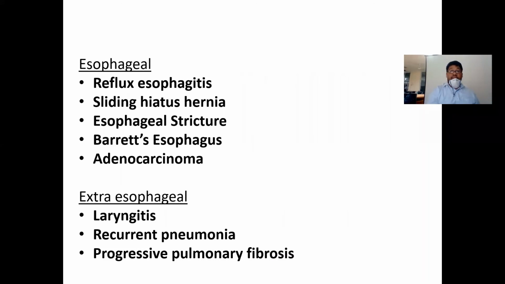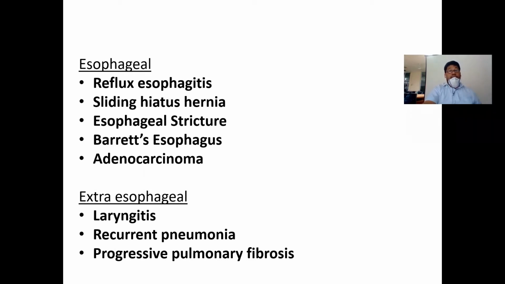Regarding complications, complications can be esophageal or extraesophageal. Regarding esophageal, it is reflux esophagitis, which we have already discussed. Sliding hiatus hernia, there can be esophageal stricture, Barrett's esophagus, or adenocarcinoma. Hiatus hernia, Barrett's esophagus, and adenocarcinoma we will discuss in the next class.